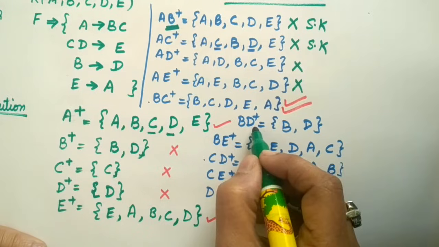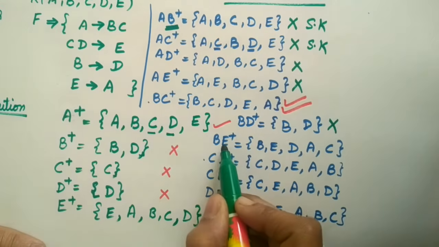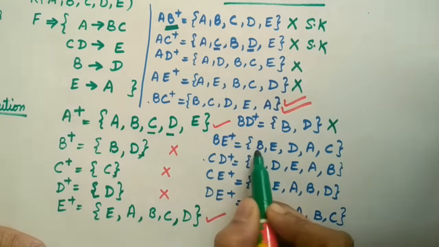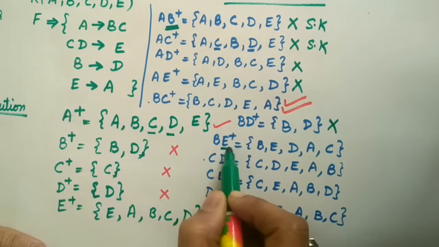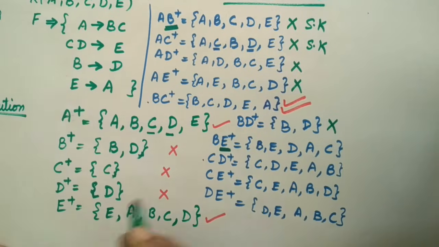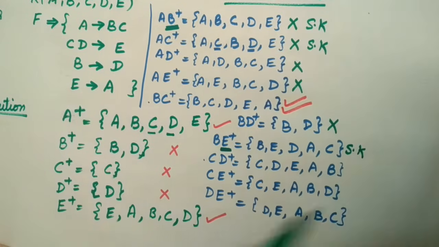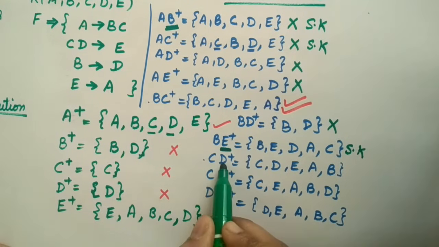Next, BD is not covering all the attributes. BE covers all the attributes, but E is already a candidate key. B is an extra attribute, so this will be the super key, not a candidate key. CD.